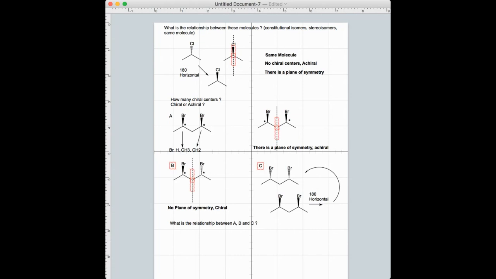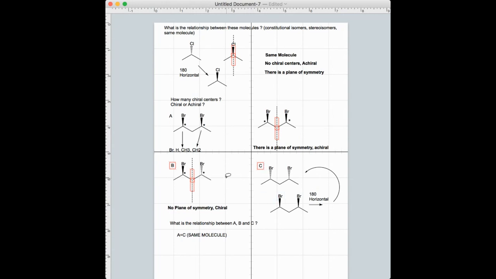So basically the relationship in between A and C, they are basically the same molecule. Why? Because just by simply flipping 180 degrees horizontally, you can then superpose both of them, same molecule. So because A and C are the same, now let's see the relationship in between A and B.